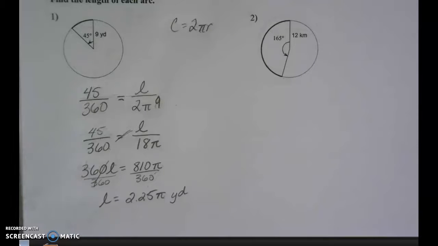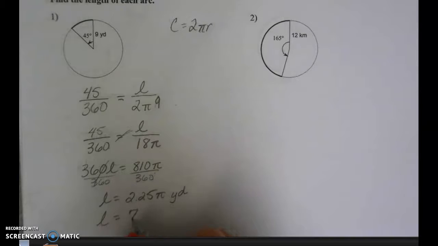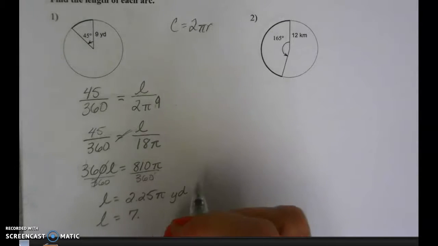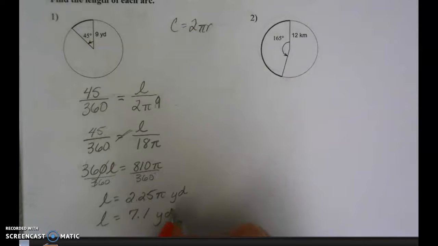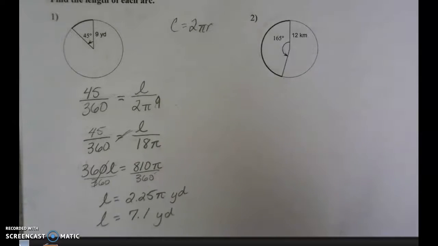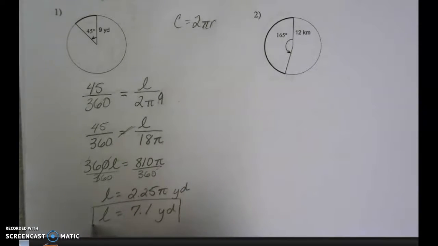And we get a final answer, an exact decimal answer of 7. I'm going to go ahead and round to the nearest tenth, 7.1 yards. My answer was 7.06858. I'm going to round it up to 7.1 yards for the arc length.